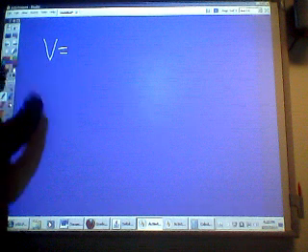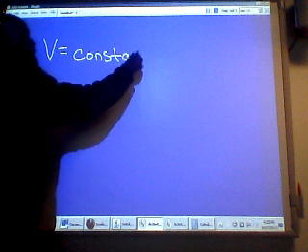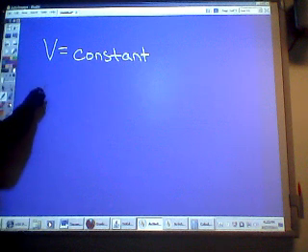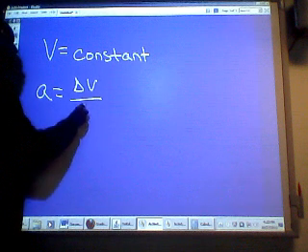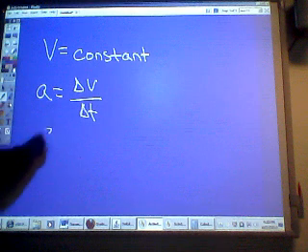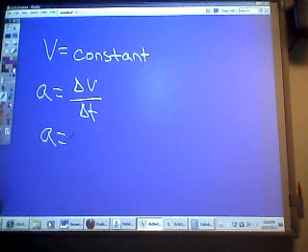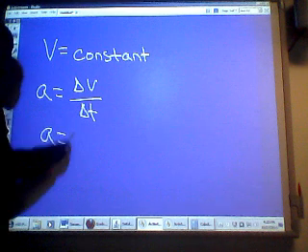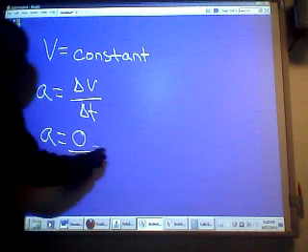Because of our background in motion, we know that if the velocity is constant, there is no change in velocity. If we recall, the acceleration formula is a equals delta v over delta t. If velocity is constant, the change in velocity is zero, which means the acceleration is zero.